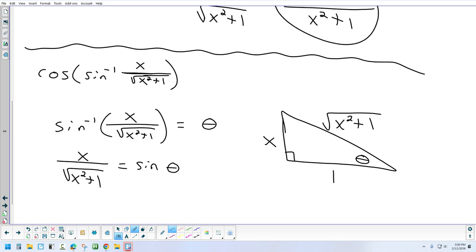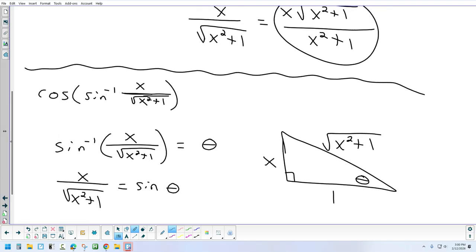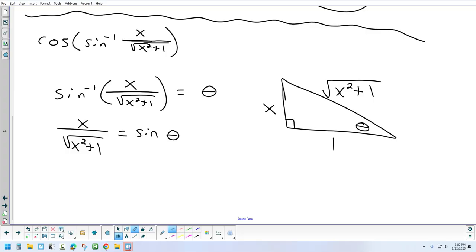Okay, so we've got that. Now, they want me to take the cosine. Definition of cosine. Yes. Adjacent over hypotenuse. Okay, so we've got adjacent over hypotenuse.